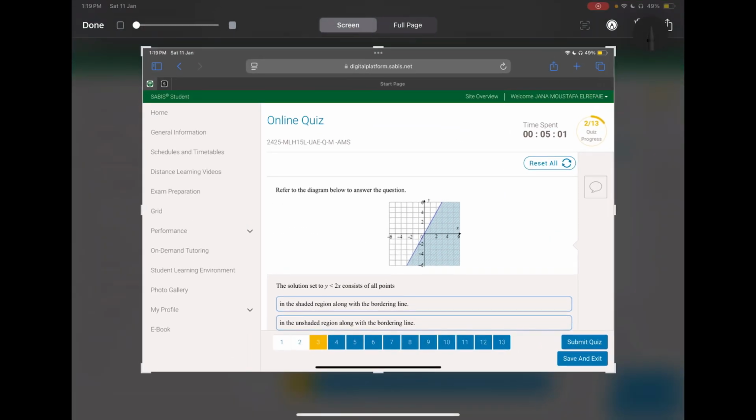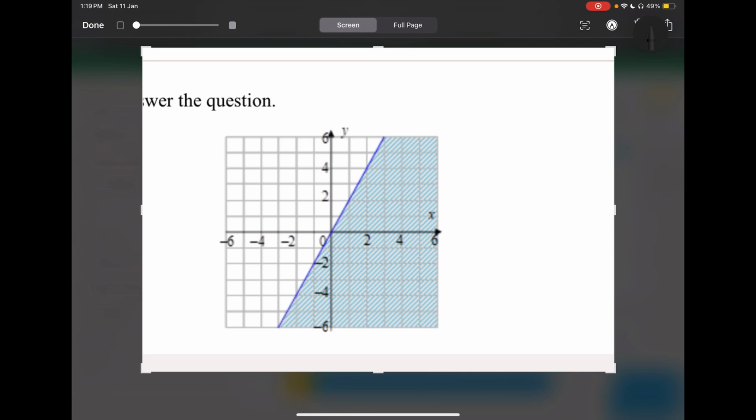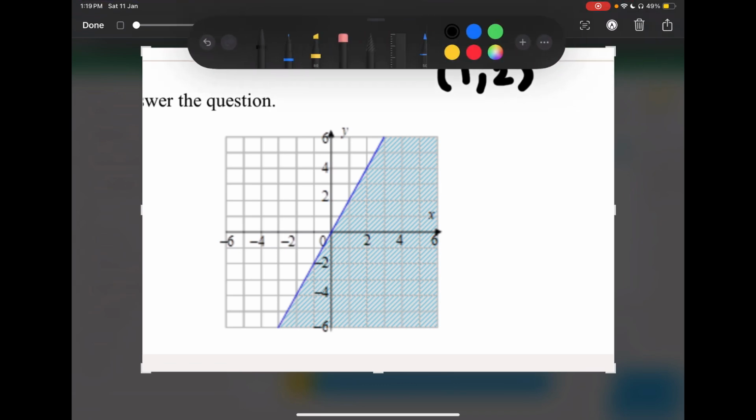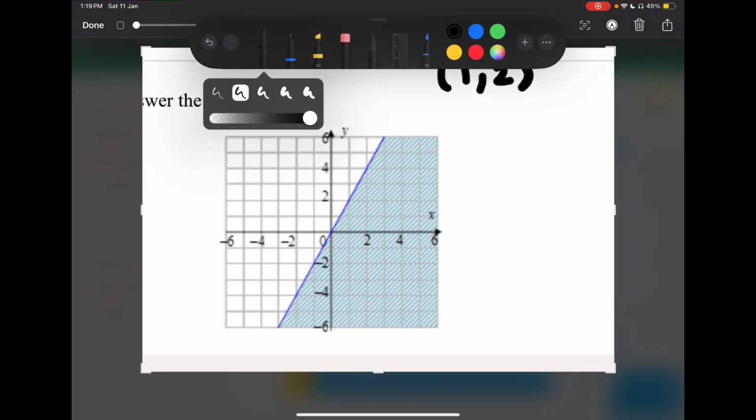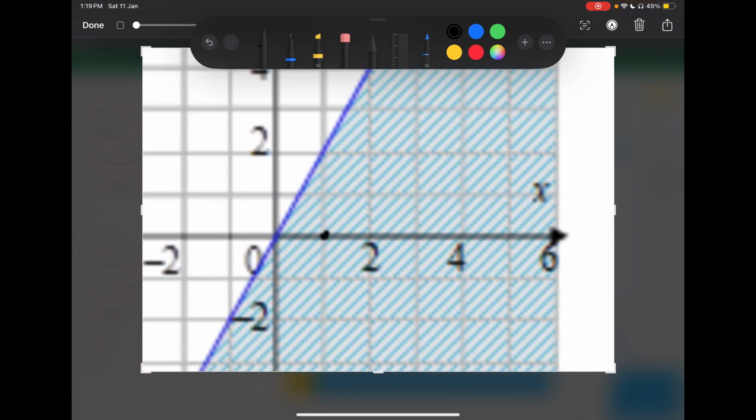Okay, so here, for example, the point (1, 2). The point (1, 2) is not a part of the solution because it is on the line. So when it's on the line, it cannot be a part of the solution.